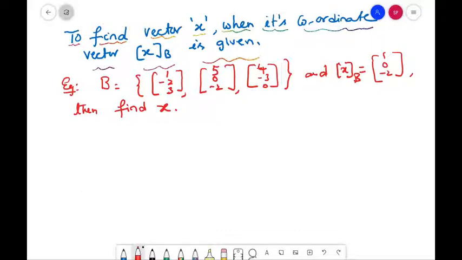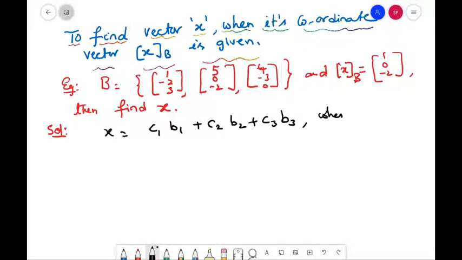So by definition, what do we mean by coordinate vector? So here x is equal to C1 B1 plus C2 B2 plus C3 B3, where B is equal to B1, B2, B3.